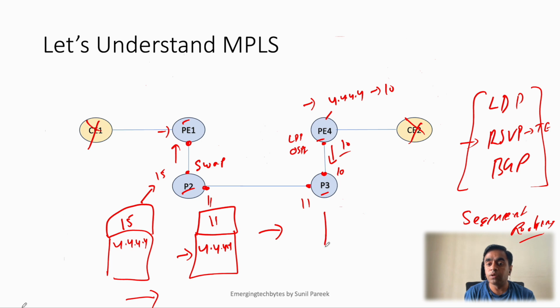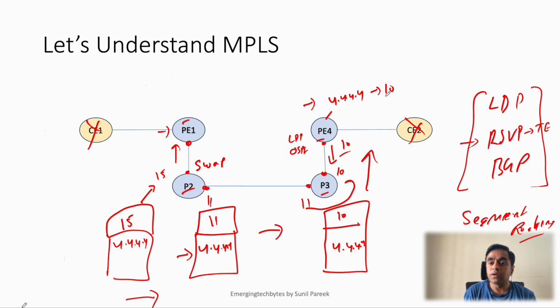What P3 will do, you might have guessed by now, it will replace 11 with 10. And then the packet will be sent in this direction. Here, it will see that 10 is allocated to 4.4.4.4 and it will forward this packet to that loopback. And you get a response. Again, as I was saying, I'm not going into that PHP or implicit, explicit null stuff. It's a simple label based forwarding that you see here.